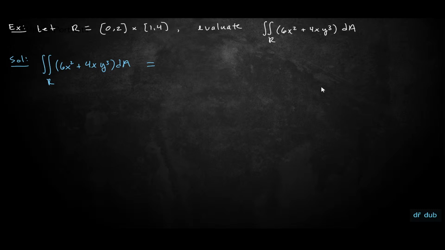So let's just pick one. I guess we'll do x first. That will be the integral from 1 to 4 for y, integral from 0 to 2 for x. I write the x bounds on the inside because I'm going to do it first. The function I want to integrate is 6x squared plus 4xy cubed dx and then dy.